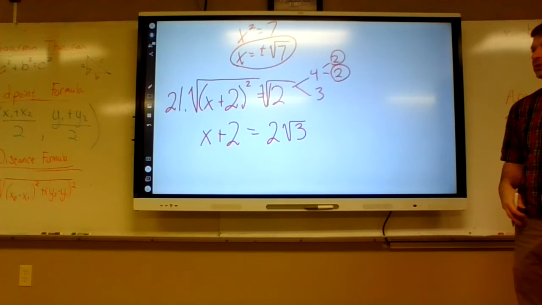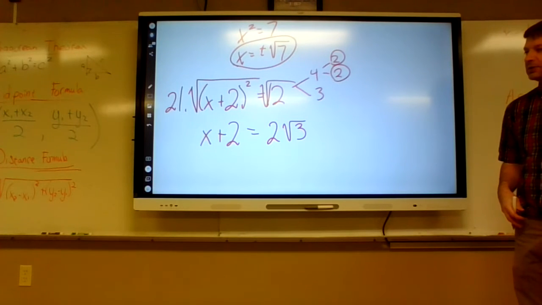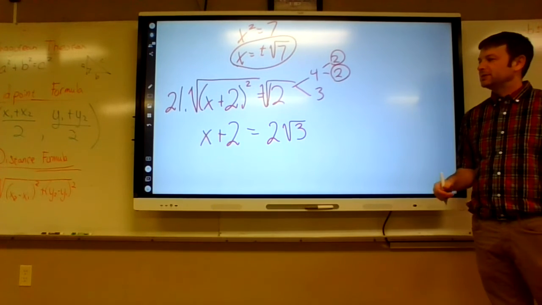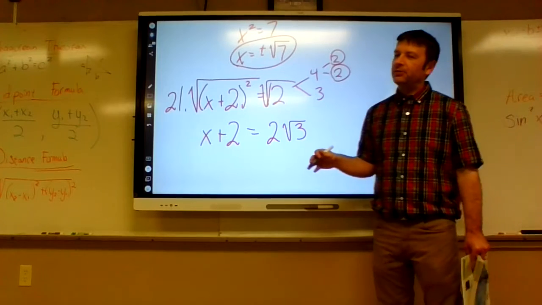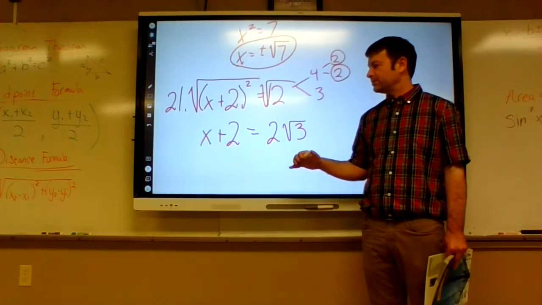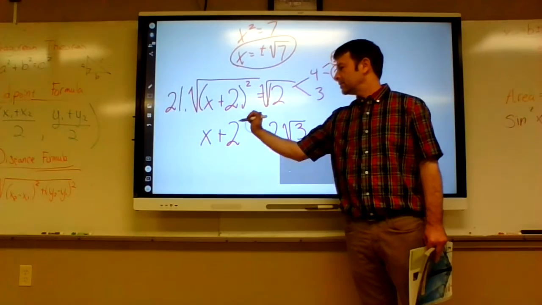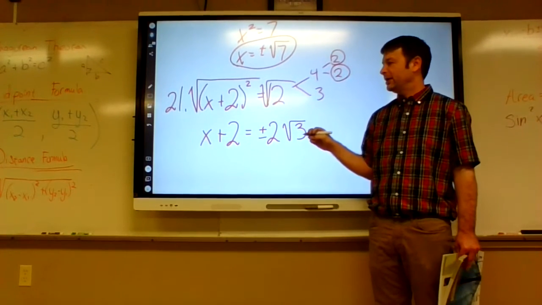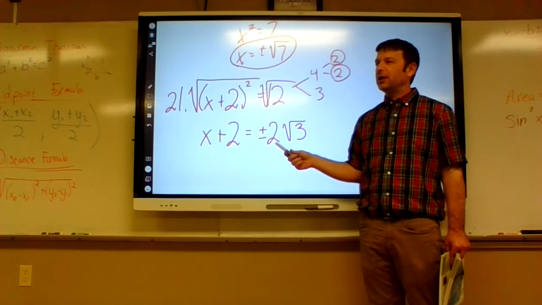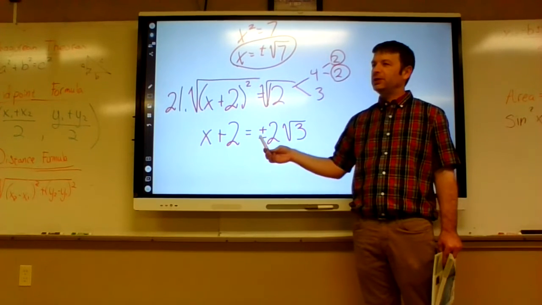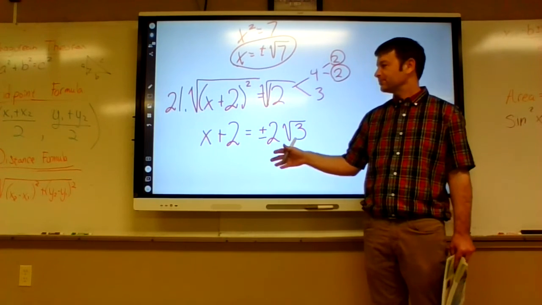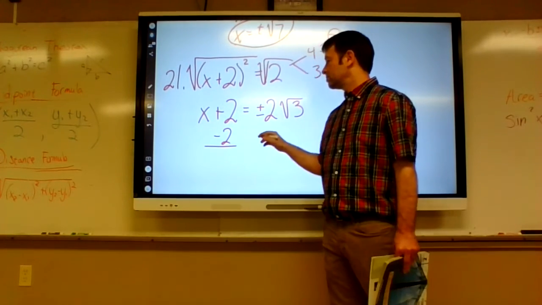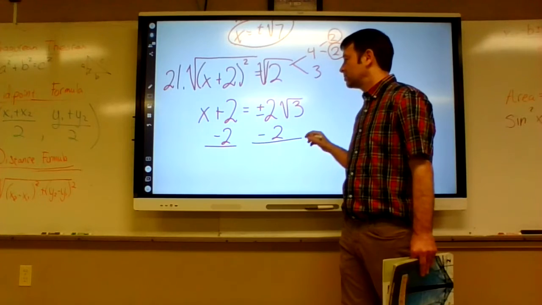Something is still wrong. Good there? Okay, what do you have to do when you do the square root trick? You gotta do the plus and minus. Plus or minus? Yeah. Okay. What do we need to do to solve for x now? Subtract the 2. Minus the 2. Yeah, I was right.